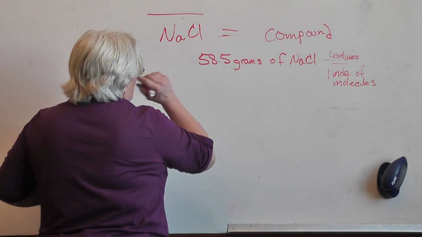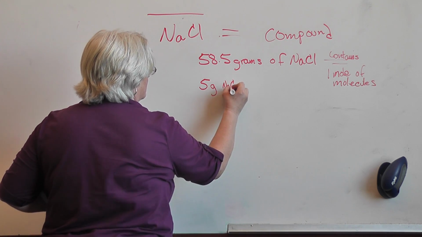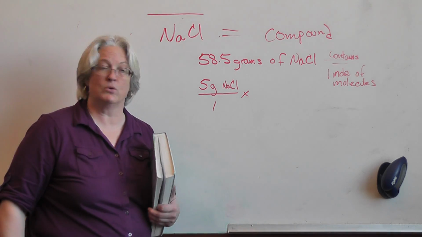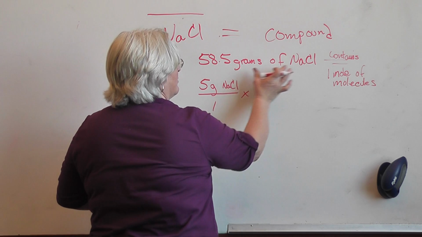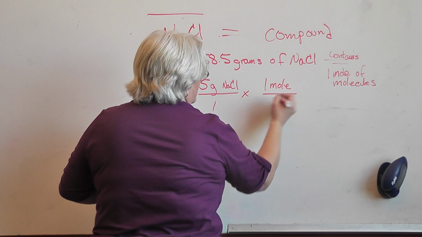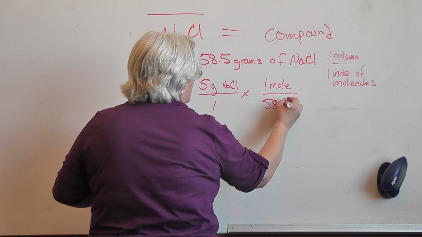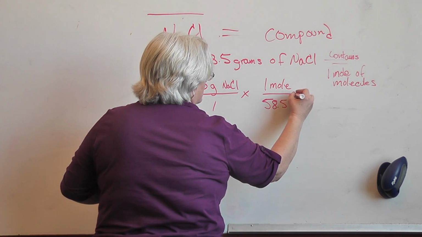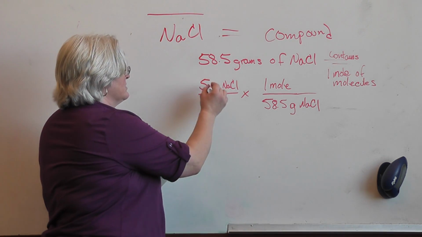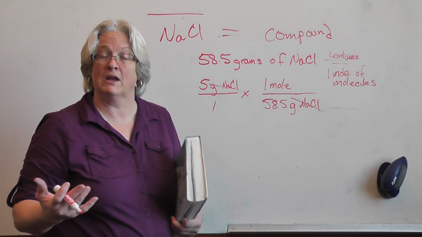So if we have 5 grams of sodium chloride over 1, and we want to find out how many moles that is, 58.5 grams of sodium chloride is 1 mole of molecules. Grams of sodium chloride cancel, and you have 5 divided by 58.5.